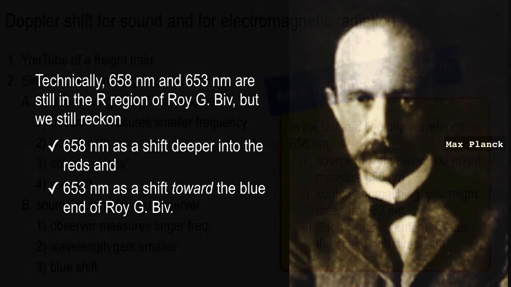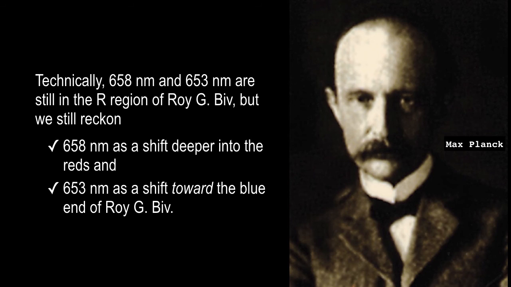Now, side note, technically 658 and 653 that I just gave you as examples are still in the R region of Roy G. Biv. So you would say that 658 is still red, but it's a little bit redder than standard H alpha in the lab.